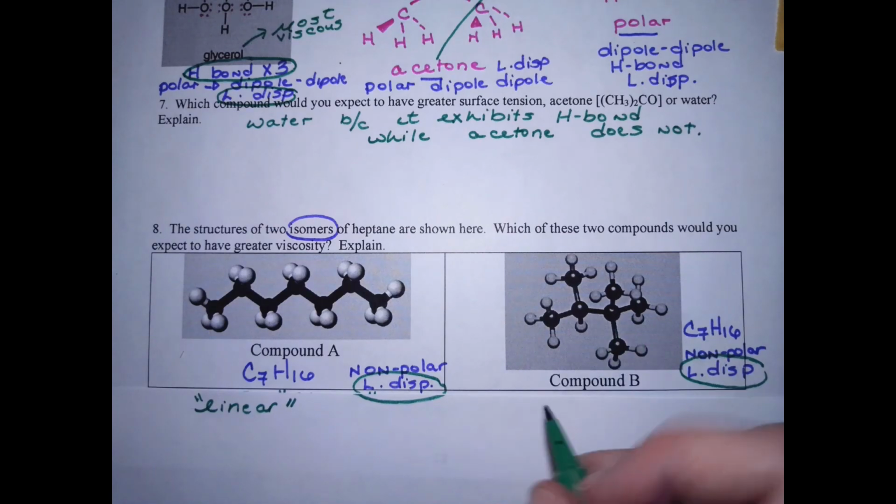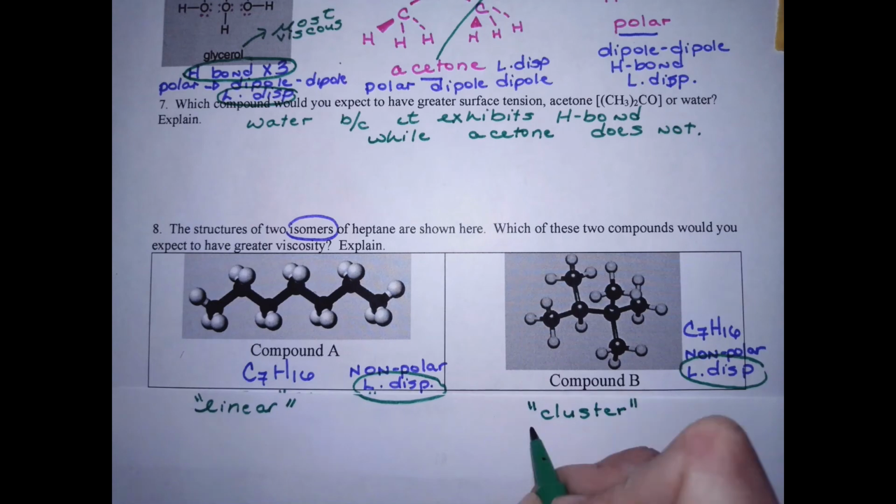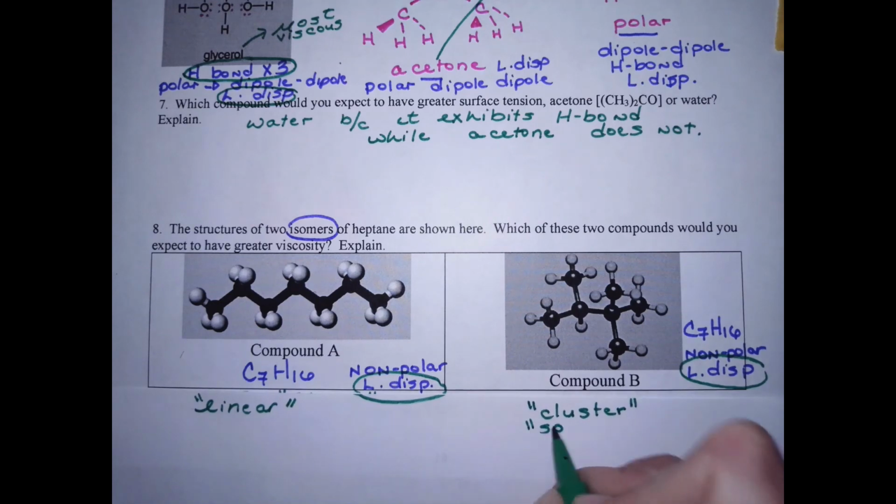And this cluster, this more spherical shape, results in hidden electrons.